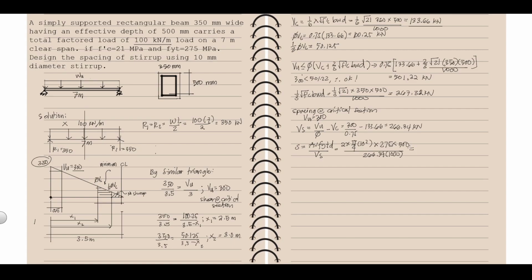So, what is our S here? Ang lalabas dito is 81.09.